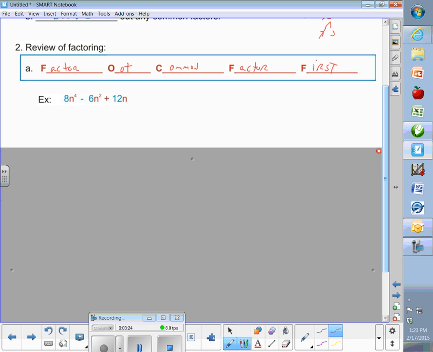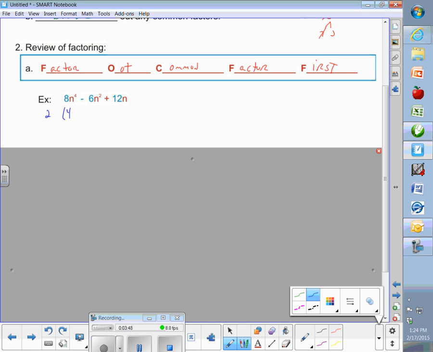In this first example, we do have some common factors in this trinomial. I'm looking at the blue numbers, an 8, a -6, and a 12, and the common factor of those is a 2. I'm going to leave a little space and put my parentheses, and just deal with the numbers. An 8 is a 2 times 4, so when I factor out that 2, I still have a 4.